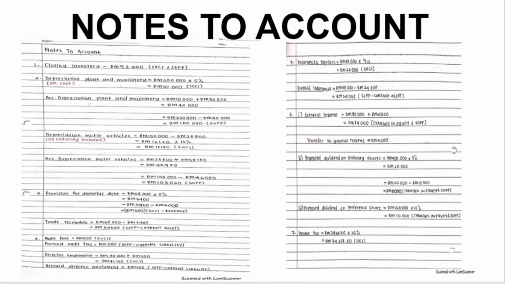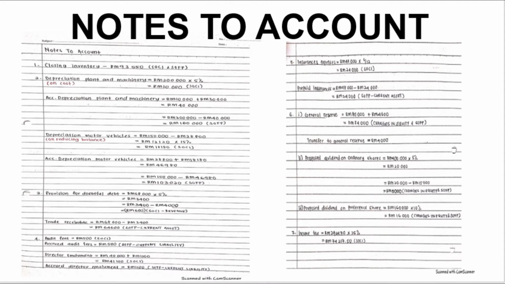Secondly, depreciation for motor vehicle is 50% annually using the reducing balance method. Now we have to calculate depreciation. The cost less accumulated depreciation carried from last year: 150,000 minus 28,800 equals 121,200, and we multiply with 50%.